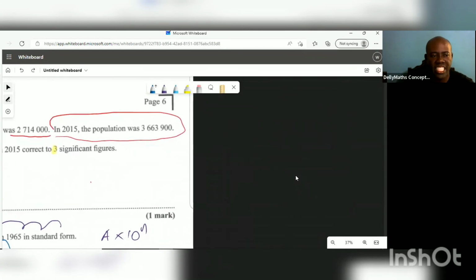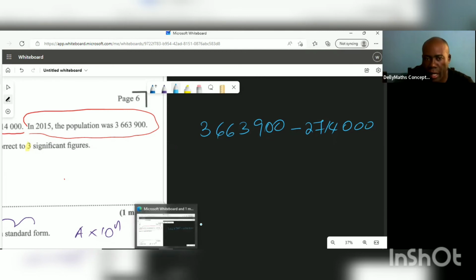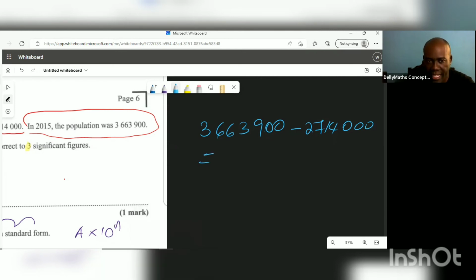We're talking about 3,663,900, and we want to take away 2,714,000. So we want to put this on our calculator. All right, very good. So we're talking about a difference of 949,900. All right, so that's the difference.